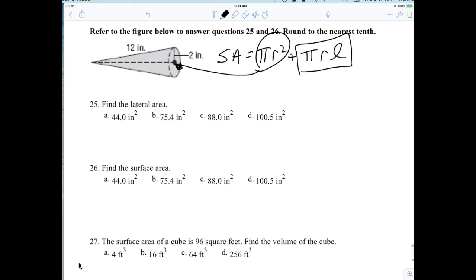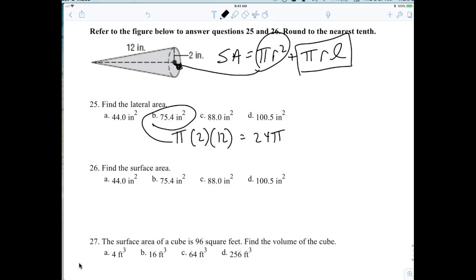That's the side, that's 12. So pi times 2 times 12, which is 24 pi, which is 72 approximately.